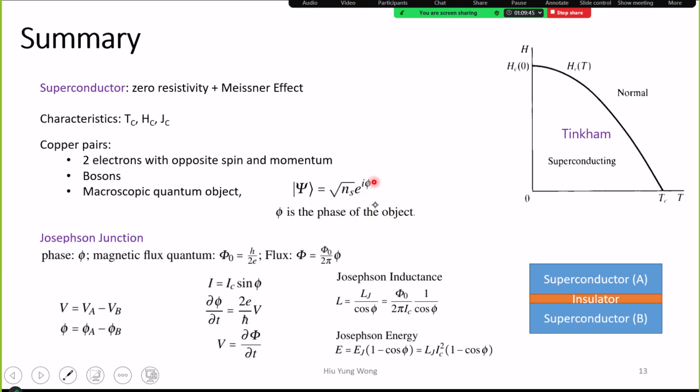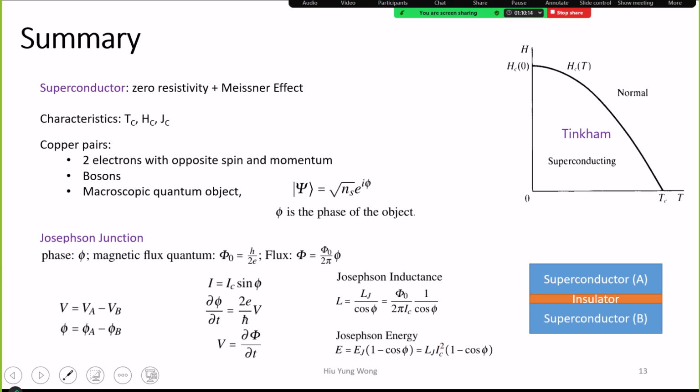And now the phase becomes important. When you have a Josephson junction, the phase is the difference between the phases of these two quantum objects, phi A minus phi B. And with that, you have the first and second Josephson equations. And because it is nonlinear, we were able to get the Josephson inductance and also the Josephson energy.